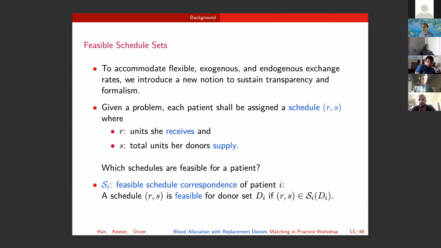So it can be a function of the blood type of the patient, or how urgent the case is, or the next of kin, or all of these different things can be incorporated into this correspondence. So it is quite flexible in the general definition. Actually, it's too flexible, as you will see, so I'm going to regulate it a little bit.